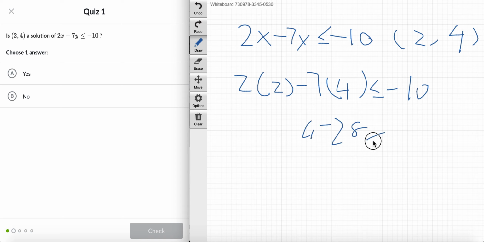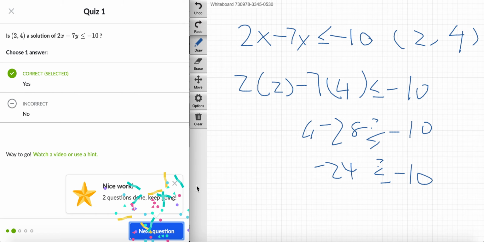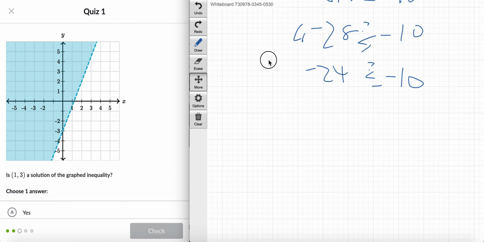Is that smaller than or equal to -10? Yes, it is, because it's an even more negative number. So it's smaller than that anyway. So it is a solution to this inequality above.